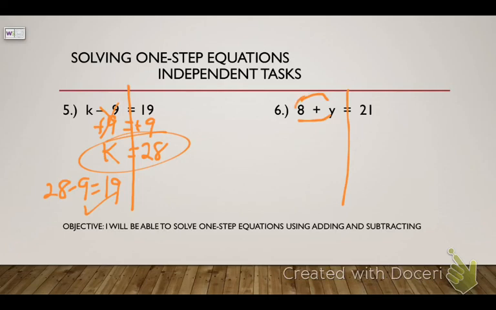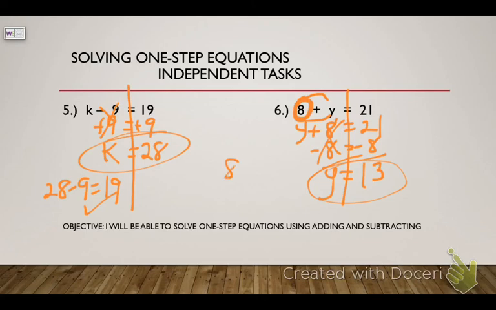But this right here is a positive 8, so it would be like saying adding 8. So you could switch it around like this. And since we're adding 8, we're going to subtract 8 from both sides. That creates that. Y equals 21 minus 8 is 13. Does 13 added to 8 equal 21? Yes, it does. Got it.